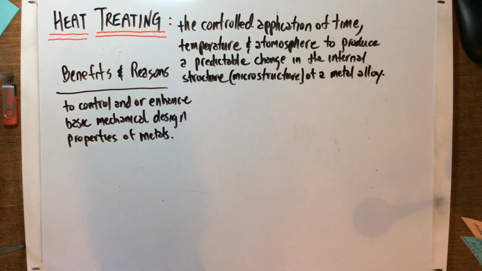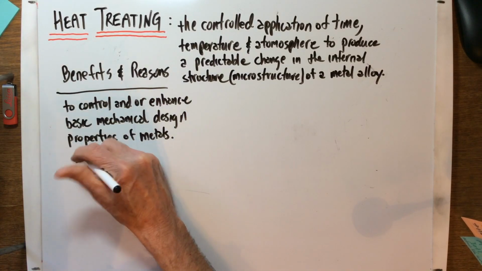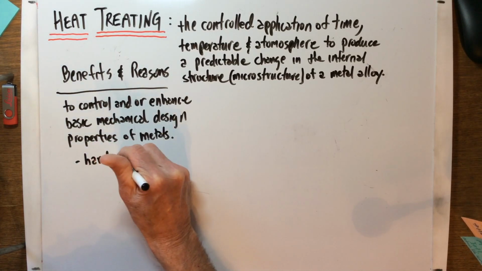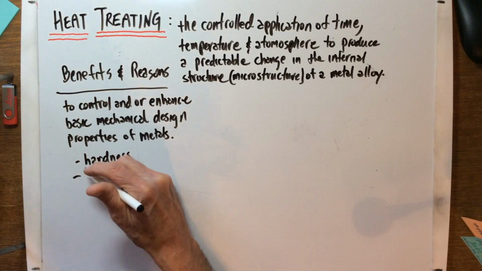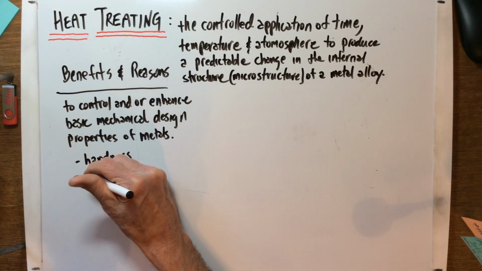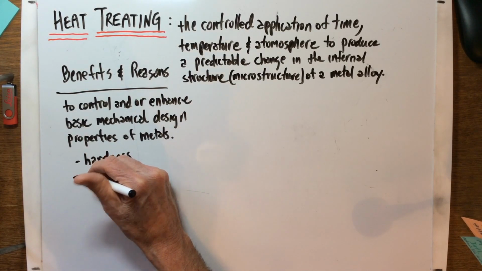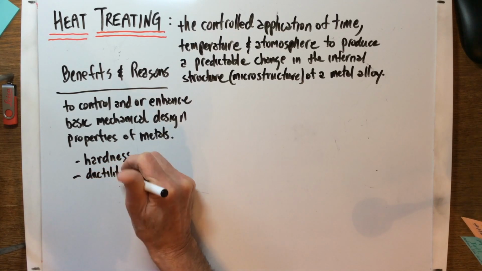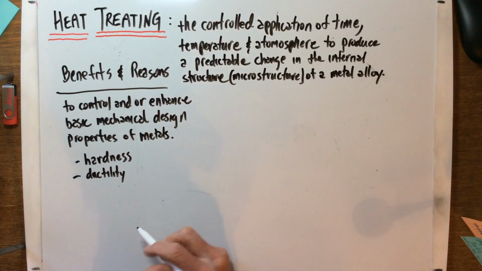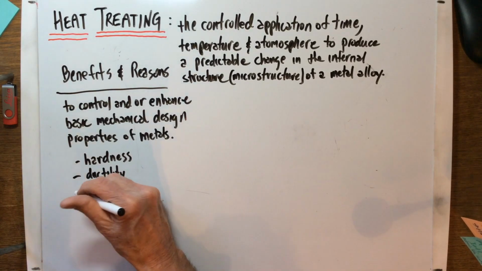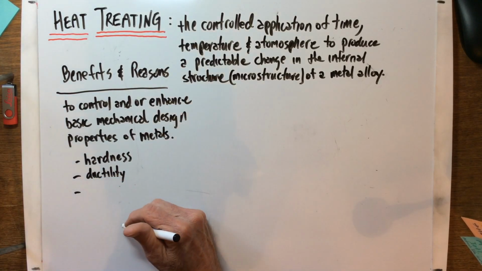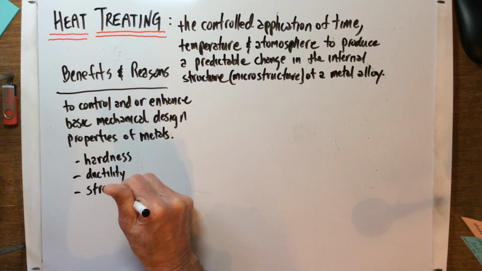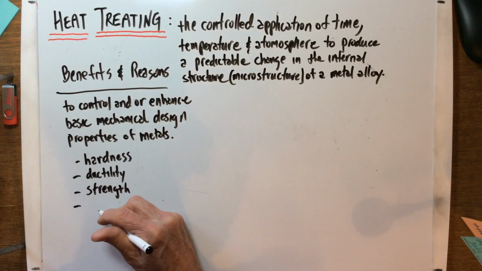Okay, so some of those properties, of course, the most obvious one would be hardness. Another property that's susceptible to this would be ductility. Strength is a big one that we can change and alter.